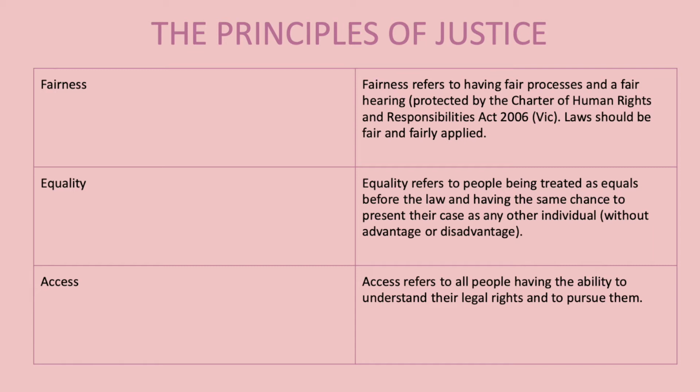Laws should be fair and fairly applied. Equality, equality refers to people being treated as equals before the law and having the same chance to present their case as any other individual. And access, access refers to all people having the ability to understand their legal rights and to pursue them.